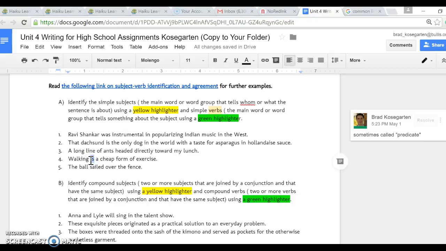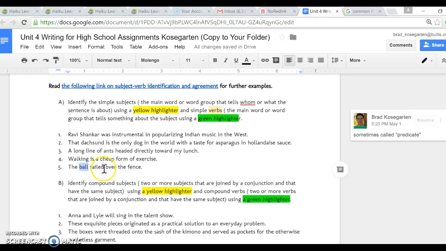Is a linking verb, and it's not walking is cheap, but instead it's walking is a form. Cheap is an adjective. Of exercise, prepositional phrase, it's extraneous, unnecessary.